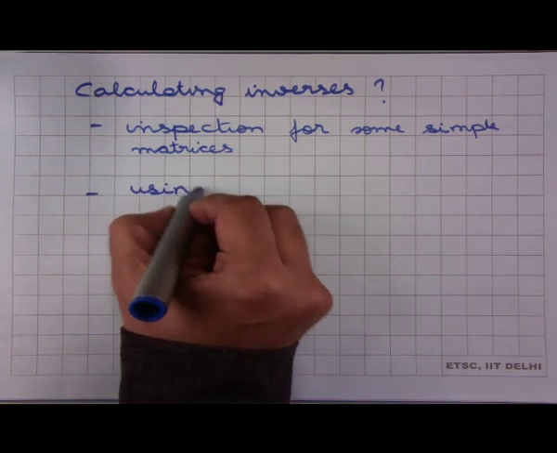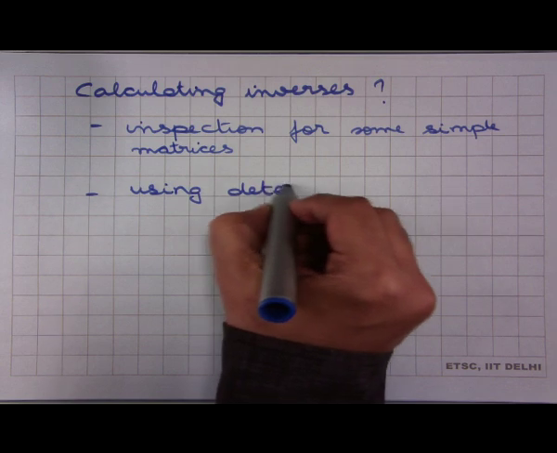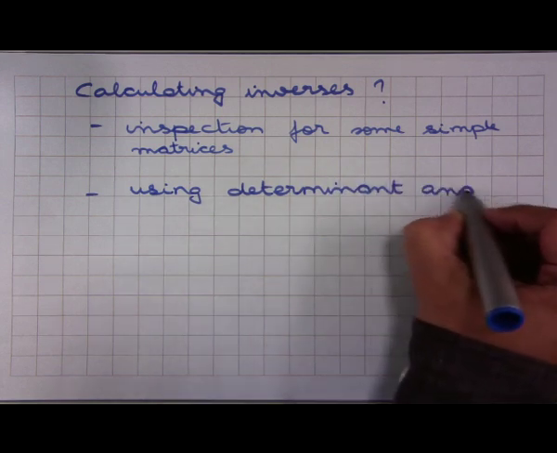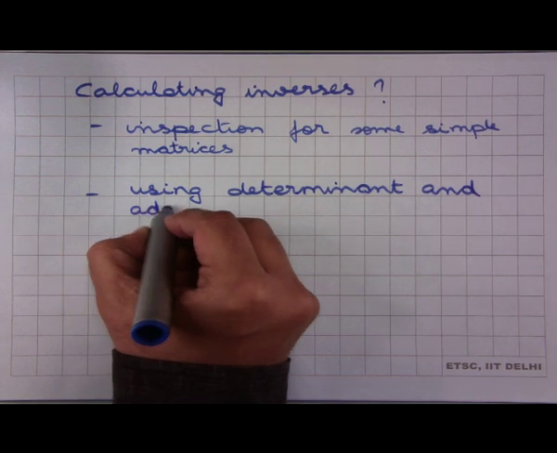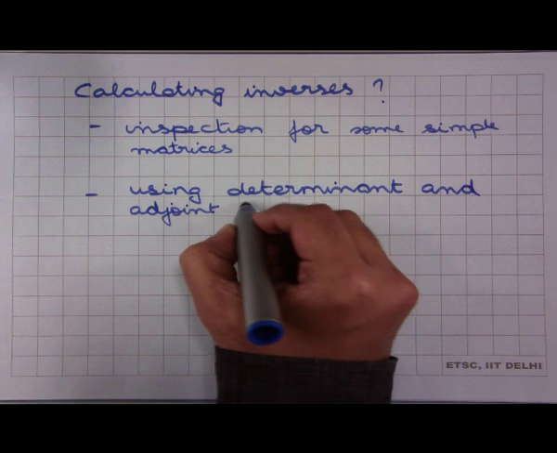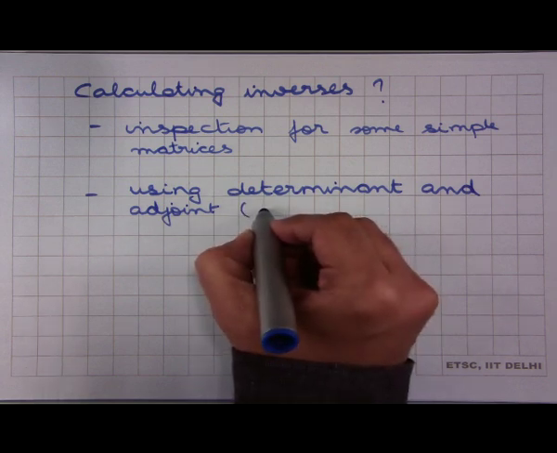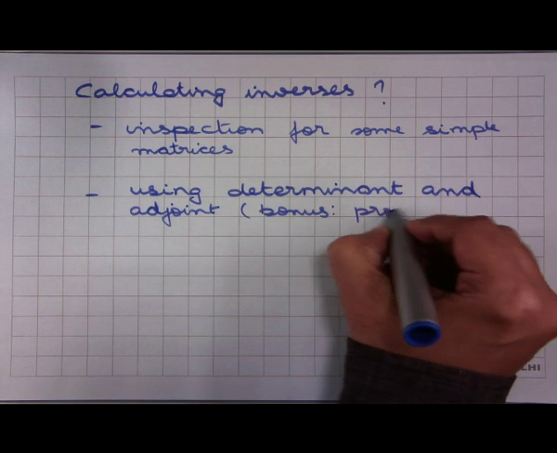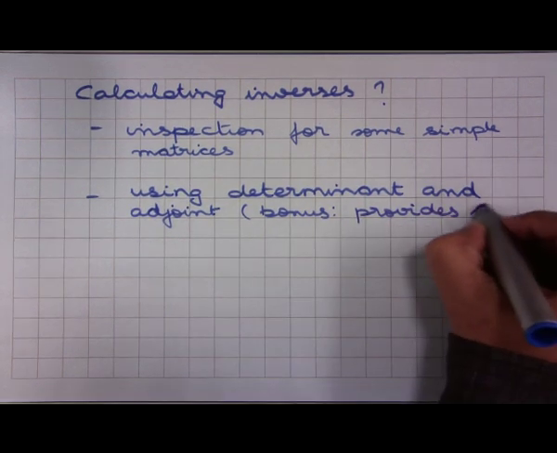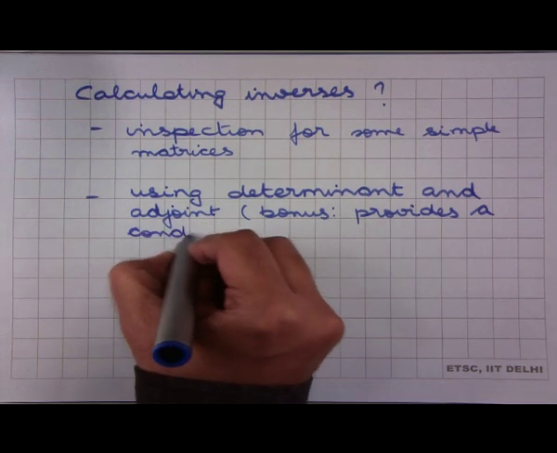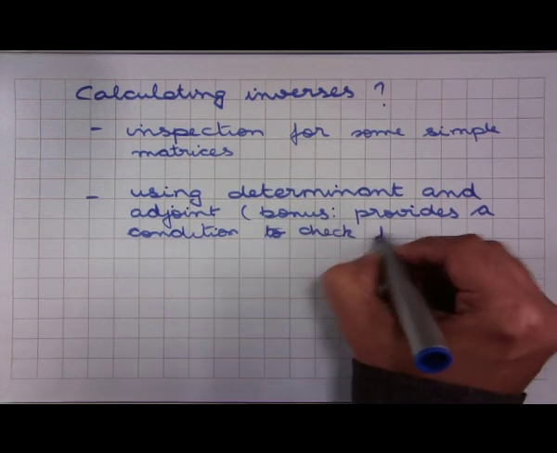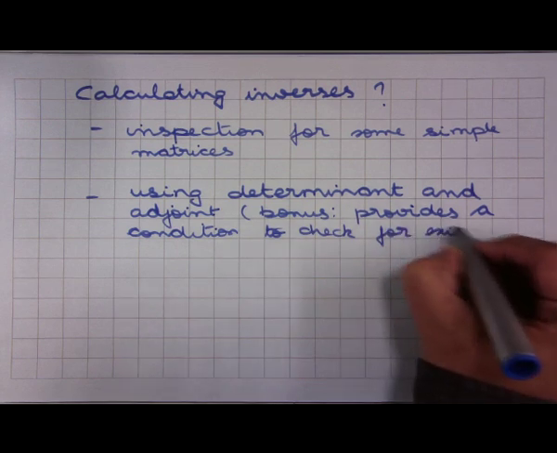So, by using determinant and adjoint, the bonus here is that it provides a condition to check for existence of an inverse.